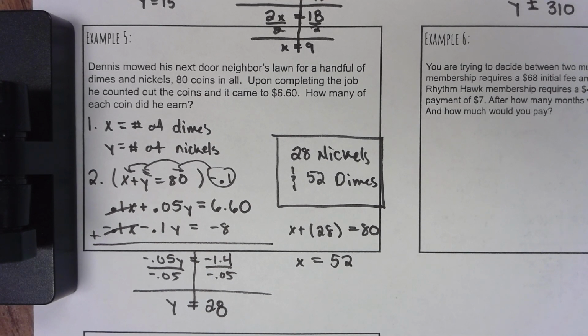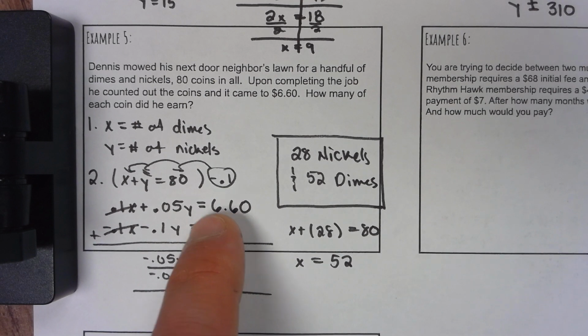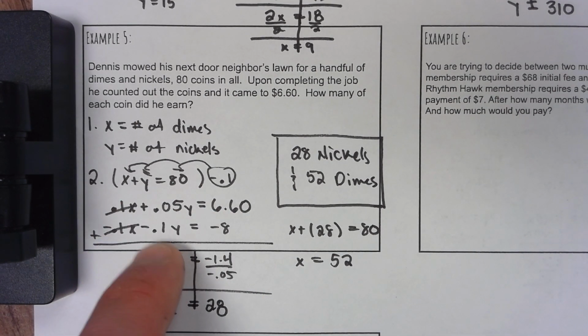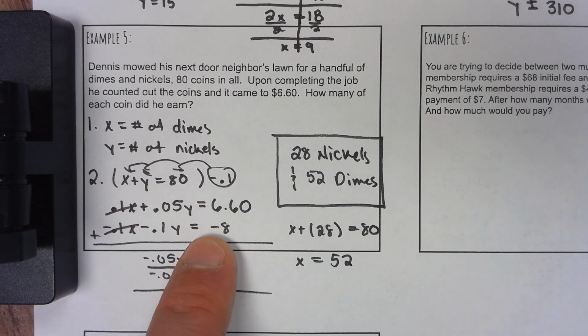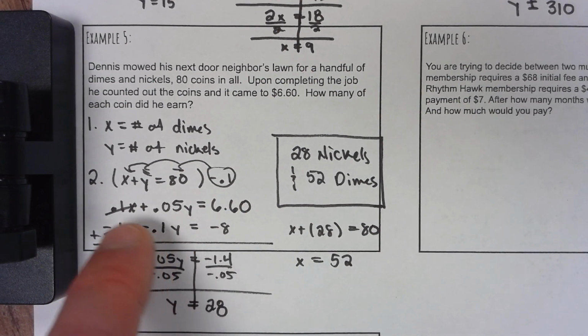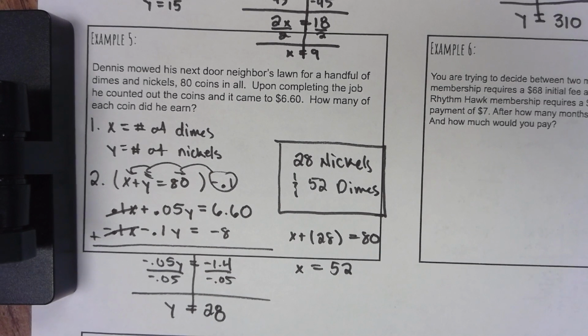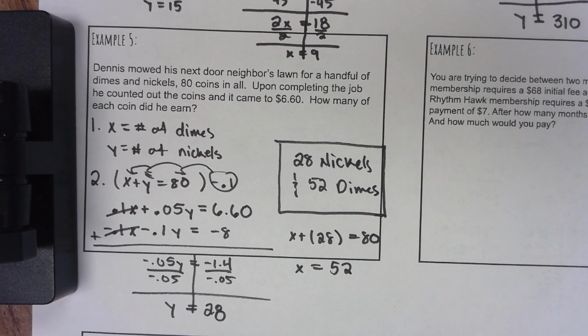Okay, so by multiplying by negative 0.1, I get negative 0.1x and then negative 0.1y. 80 times negative 0.1 is negative 8. Adding those together, the x's eliminate, and you get negative 0.05y. And then 6.6 minus 8 is negative 1.4. Dividing the negative 1.4 by negative 0.05 is 28.